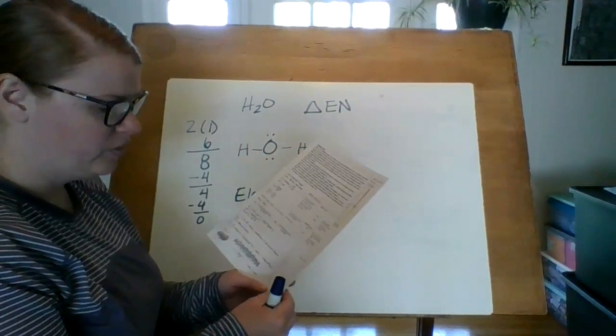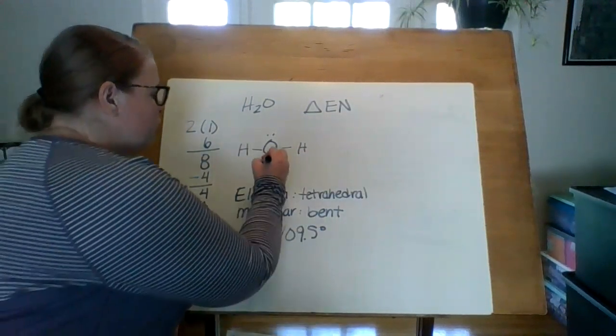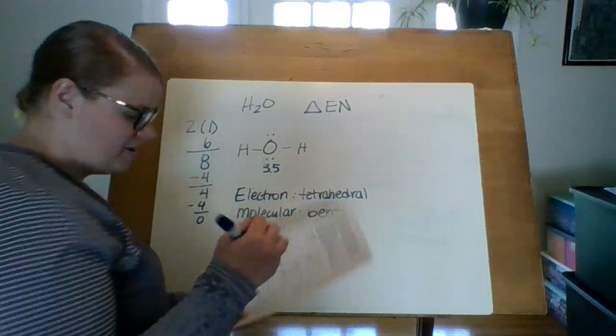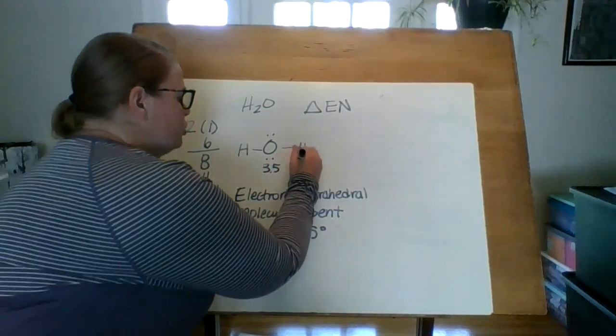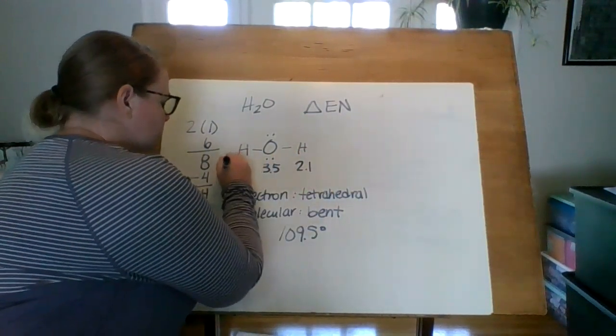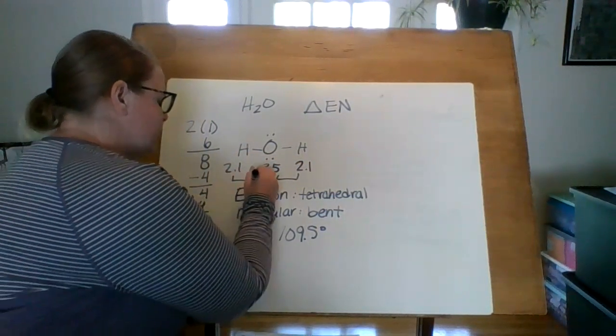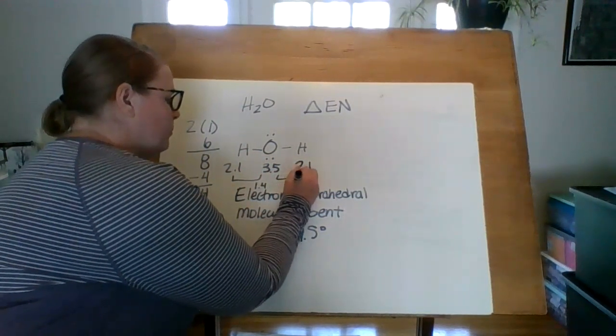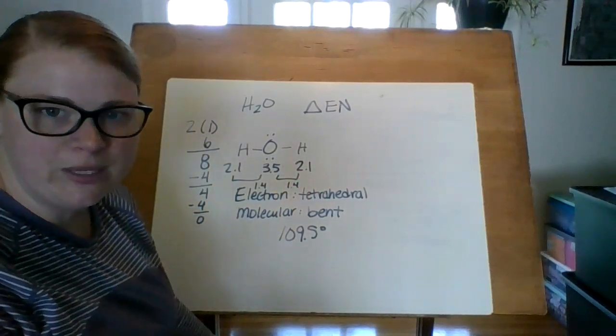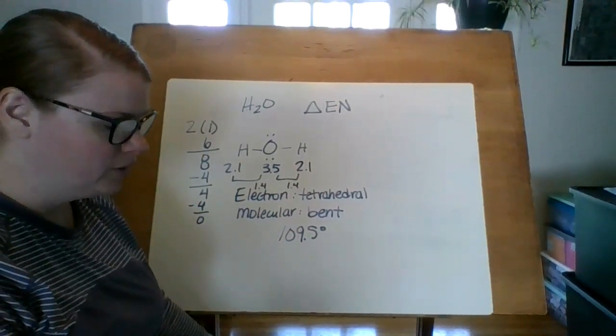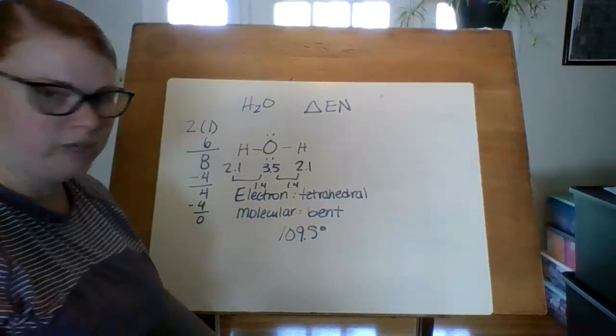For oxygen, it's 3.5, and for hydrogen, it's 2.1. So these guys have an electronegativity difference of 1.4. And that means the bonds are going to be polar.